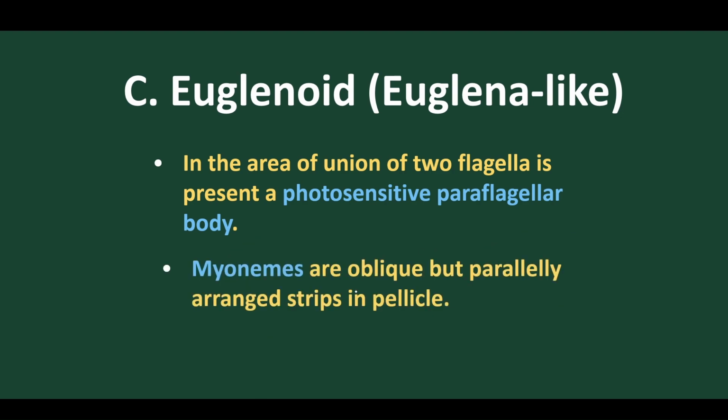Now, myonemes are present as oblique structures in the pellicle. For example, suppose this is the body, and around the body we find the pellicle present. The body is covered by the pellicle.